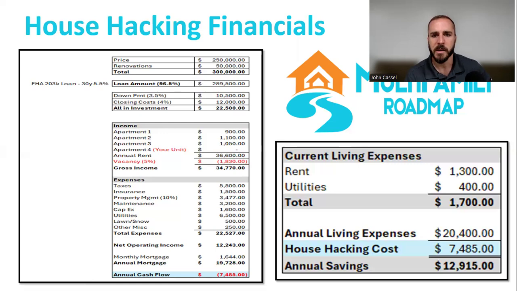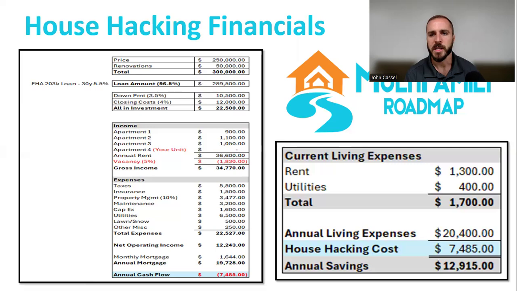You figure the down payment at 3.5% comes out to 10,500, and then you figure in some additional closing costs of 4%, and you're looking at an all-in investment of 22,500. So you're getting into basically $300,000 worth of property for only $22,000, which is really great.